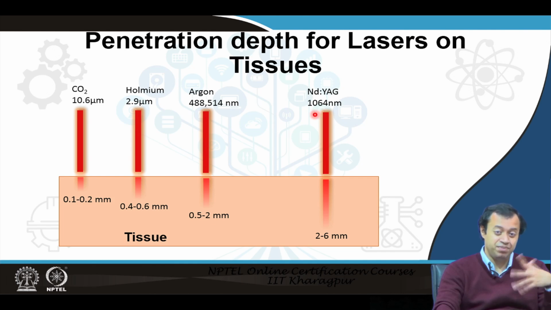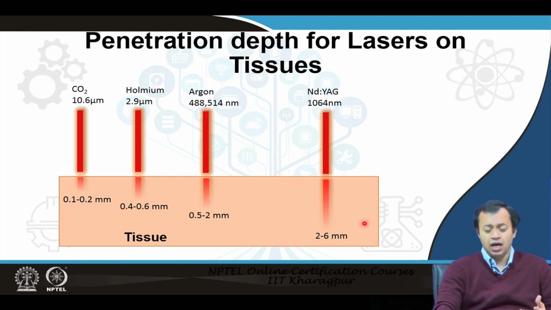So, this is a typical value. Not every single Nd:YAG laser will go through 2 to 6 millimeters inside your body, inside your tissue, irrespective of the intensity or the power density. Those things will also matter, because the energy per unit area may increase the temperature.